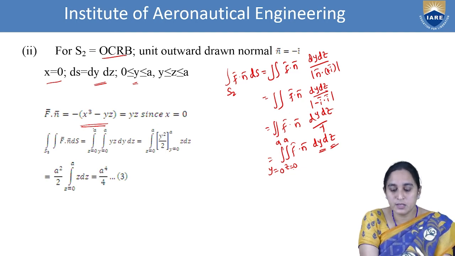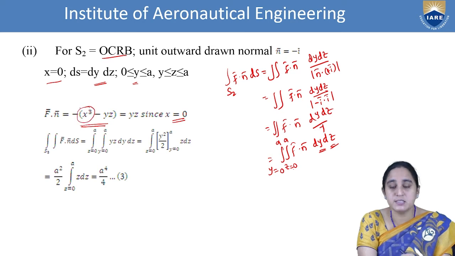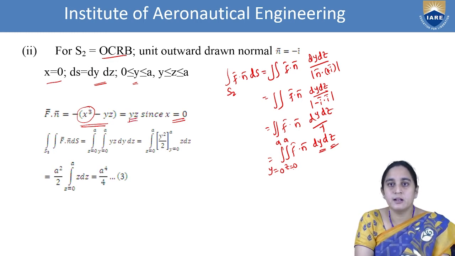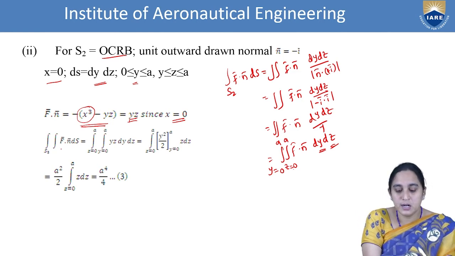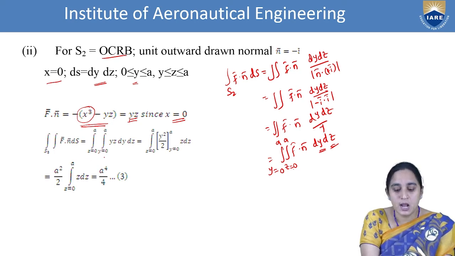Here x is 0, so you can substitute x as 0. Therefore, minus into minus is plus, that is yz. So f bar dot n bar is equal to yz. Therefore, double integral of f bar dot n bar ds is equal to double integral of z limits 0 to a and y limits 0 to a of yz dy dz.